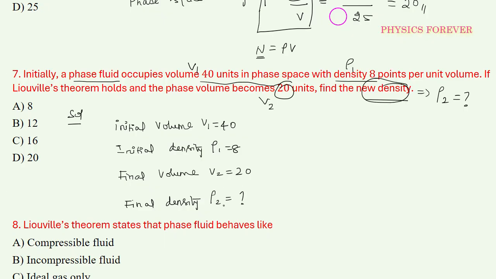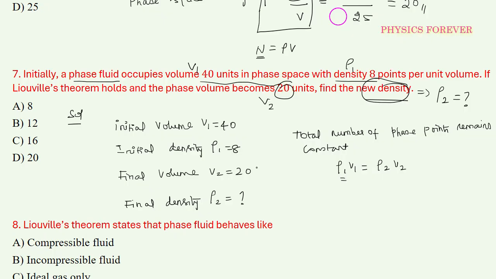According to Liouville's theorem, the total number of phase points remains constant. Then rho 1 V1 is equal to rho 2 V2.